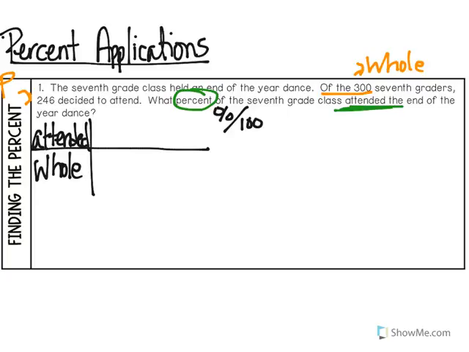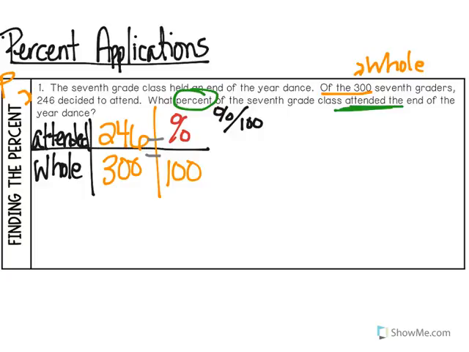So then I go back on my problem, and I know that 246 students attended the dance out of 300. And in my percent, I am looking for what percent attended out of 100. And so I'm going to use this proportion and ratio table to help me solve, because I know that they are equal ratios.